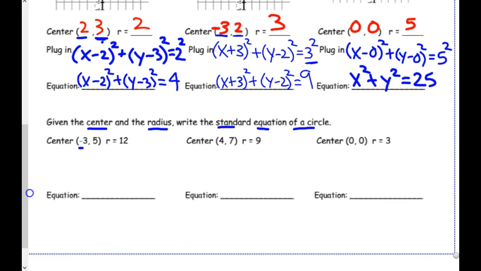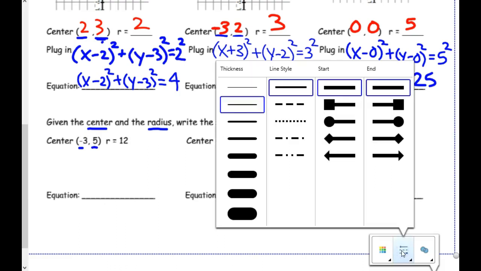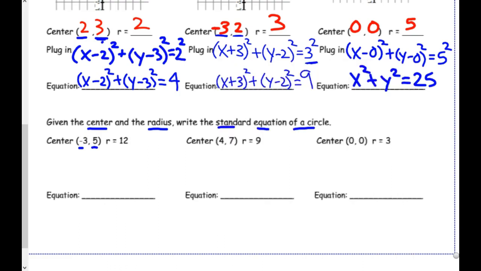So if the center is negative 3, 5, remember, when we write it in the equation, we put it opposite. So x, what? Do I put minus 3 or plus 3? Plus 3, because it's the opposite of this. Squared. And then y, am I going to put 5 or minus 5? What do y'all think? Minus 5, the opposite of a positive 5, right?